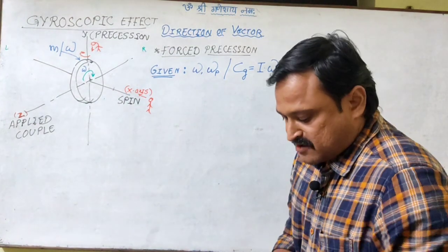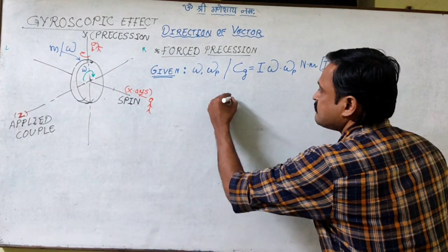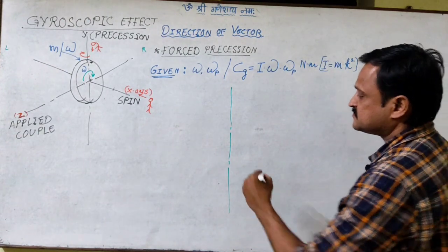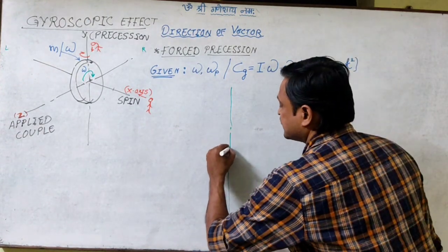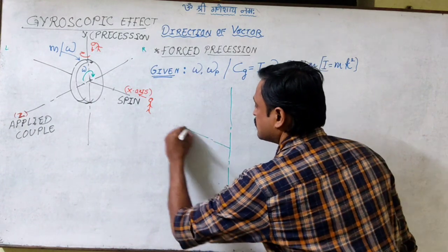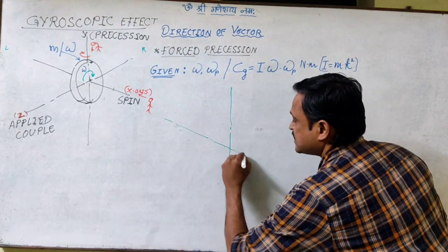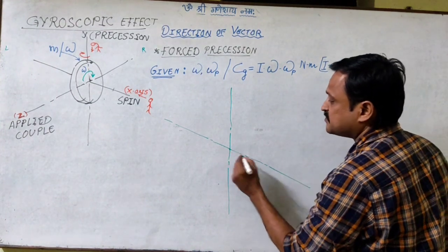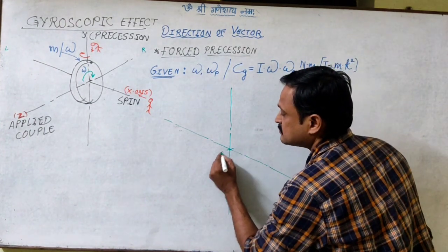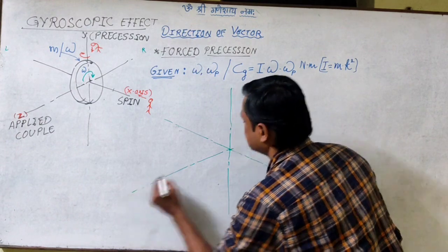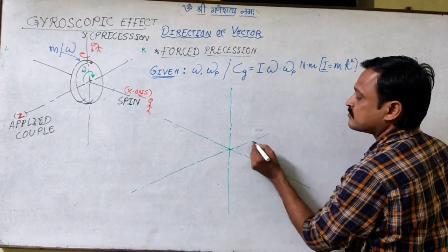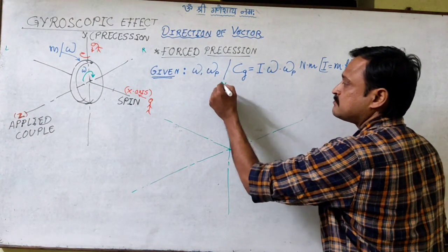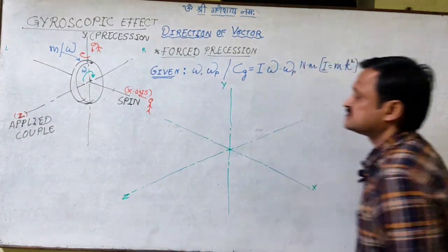So this is the y-axis I am showing. This is the x-axis, which is the axis of spin, and this is the z-axis. So this is x, y, and z.